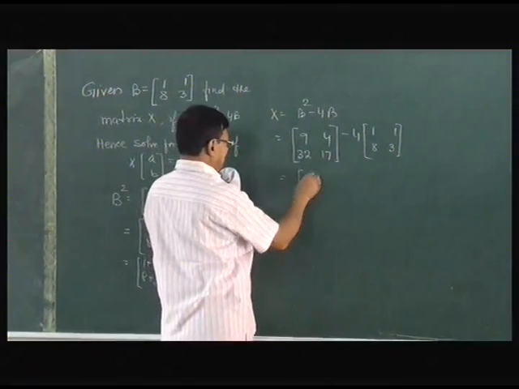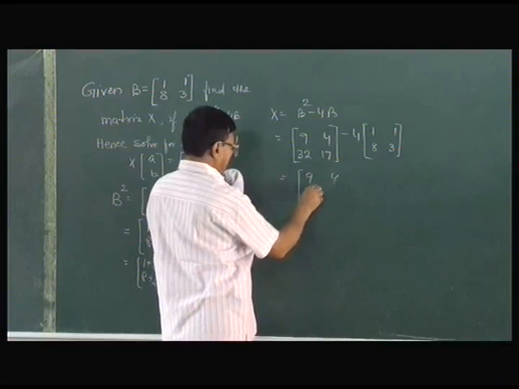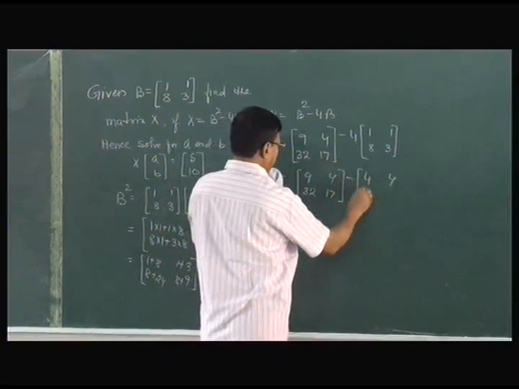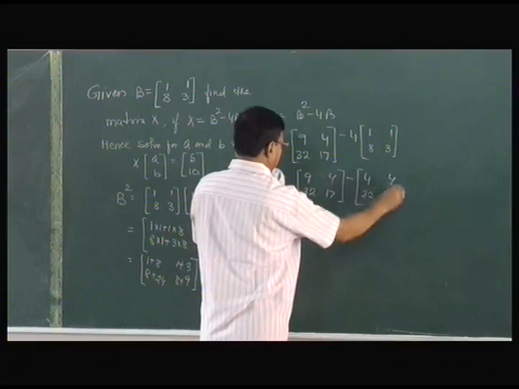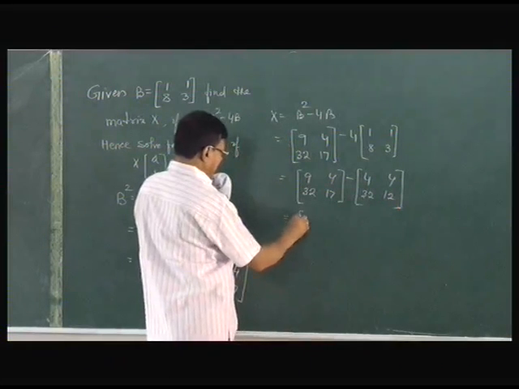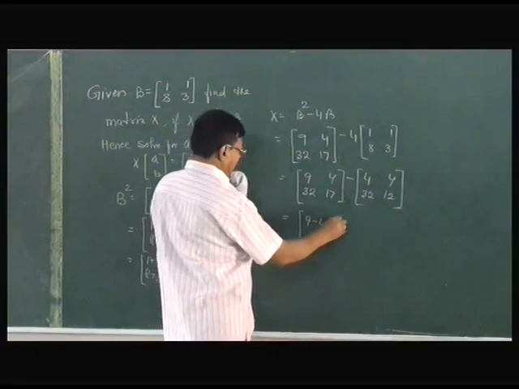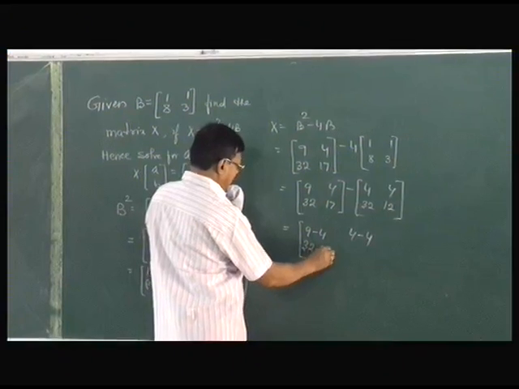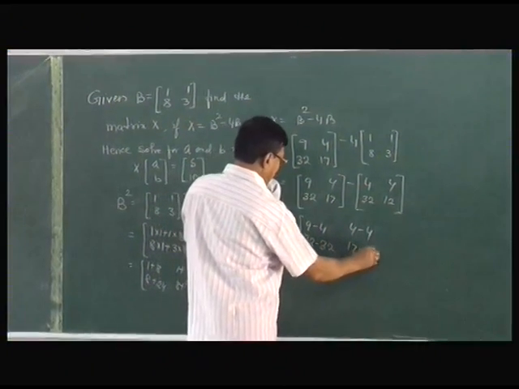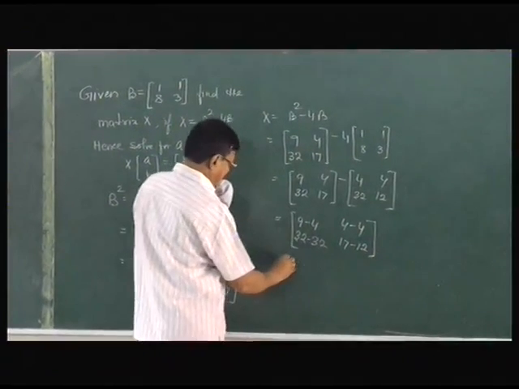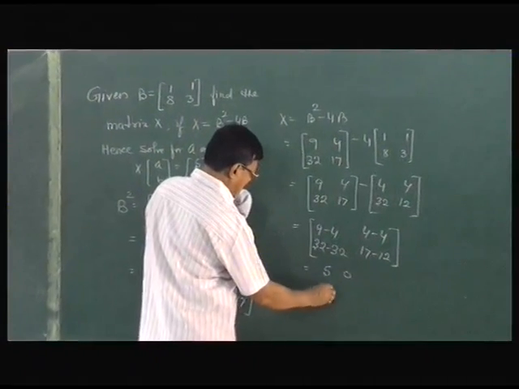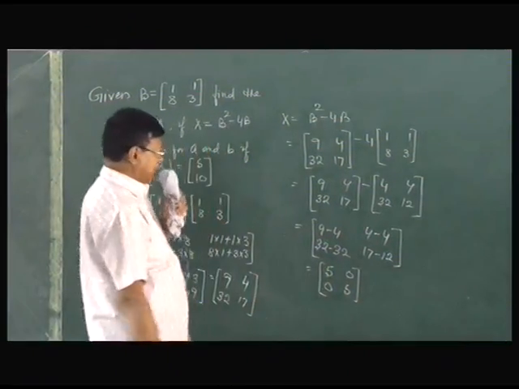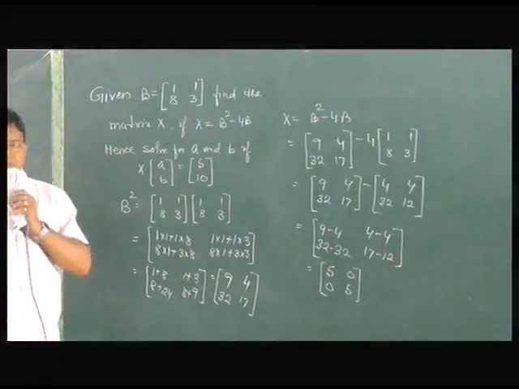So multiplying with a scalar, so this is X, 5005.